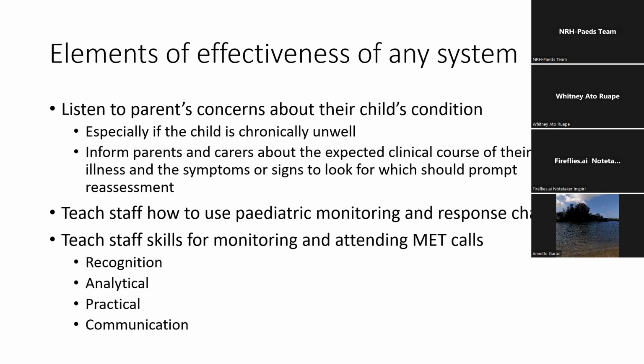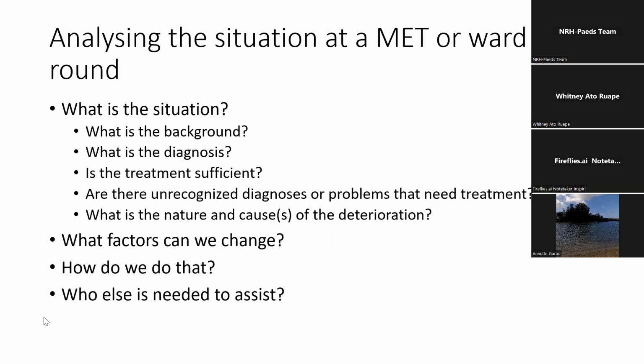But it often requires practical skills that we need to teach people too. And we also need to teach people communication skills, because usually mistakes are made when people don't communicate properly. So learning to communicate about a child's condition, about how they're deteriorating, is very important. So all of these skills we need to learn.